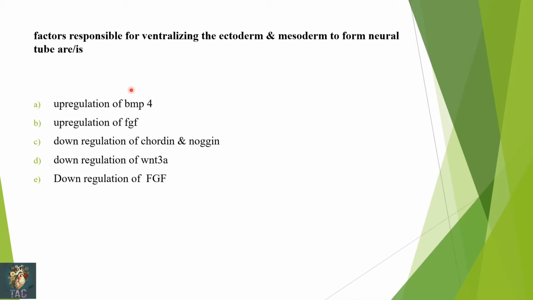Different options are written: upregulation of BMP4, that is bone morphogenetic protein, upregulation of fibroblast growth factor, downregulation of chordin and noggin, downregulation of the Wnt factor, and downregulation of fibroblast growth factor. So this is BMP4, and its upregulation leads to formation of the neural tube.